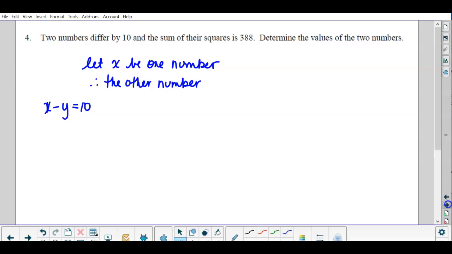So if x is one of them, y would be 10 minus x. Or you could go 10 plus x for the other number. They both differ by 10. Okay, so 10 minus x.